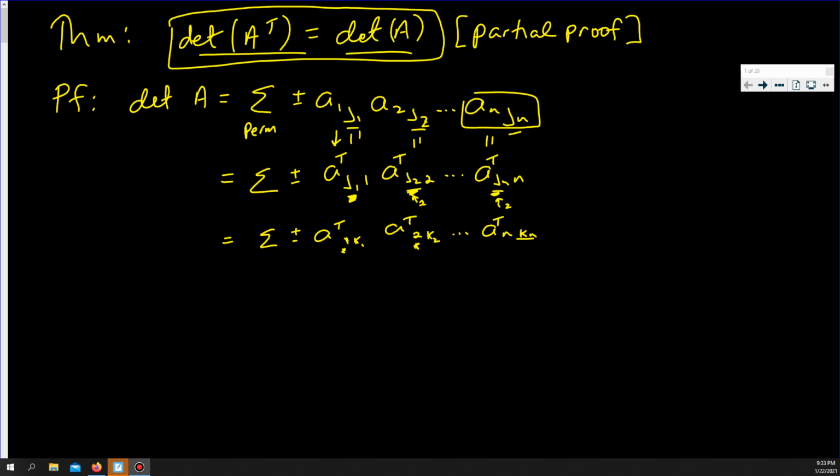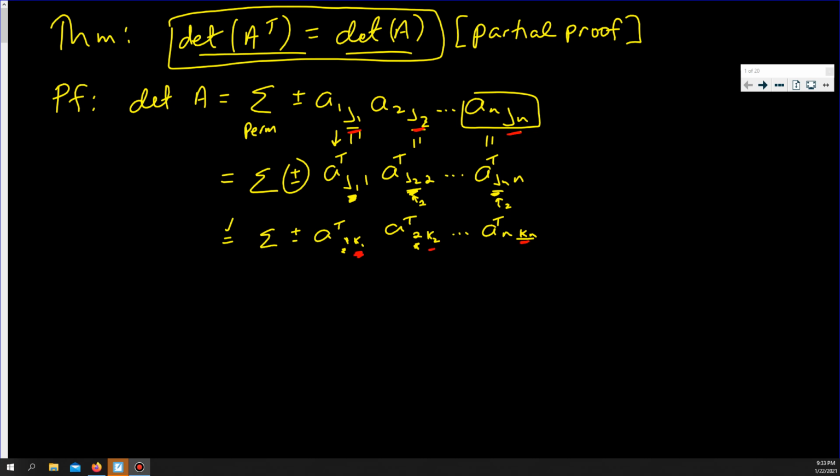Now, there's a little error here, because although pretty much this equal sign is valid, with one minor exception. The plus minus comes from, let's go to the top one, the number of inversions that I have for J1 through Jn. Now, it turns out that, I forget the exact statement, but it won't matter.